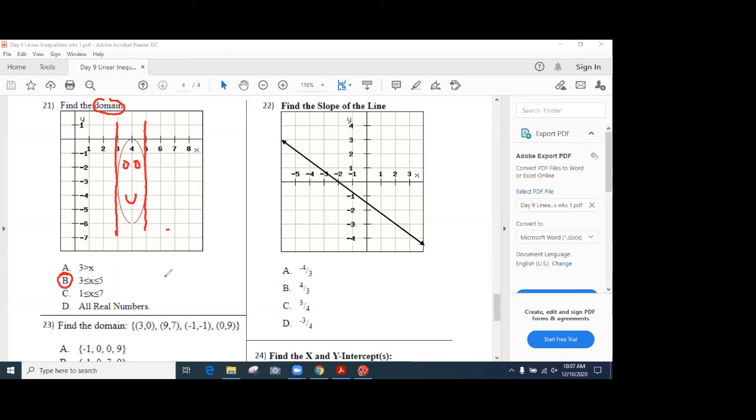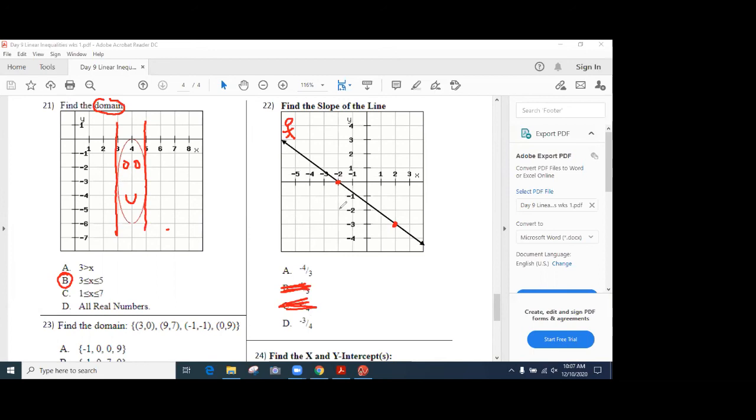Okay, 22 is slope. We do not consider slope to be easy except for one part, and that is this: positive or negative? Negative, so we can eliminate our positive answers. At this point, if you don't know what to do, you should be guessing A or D. If you actually want to know what to do, you can find 2 points where it crosses, or you could find 1 point and then try to go down 4 over 3 and down 3 over 4 to see which one it is.